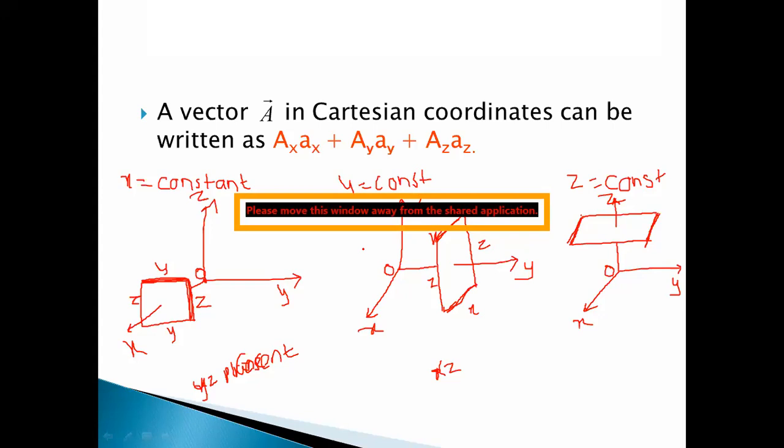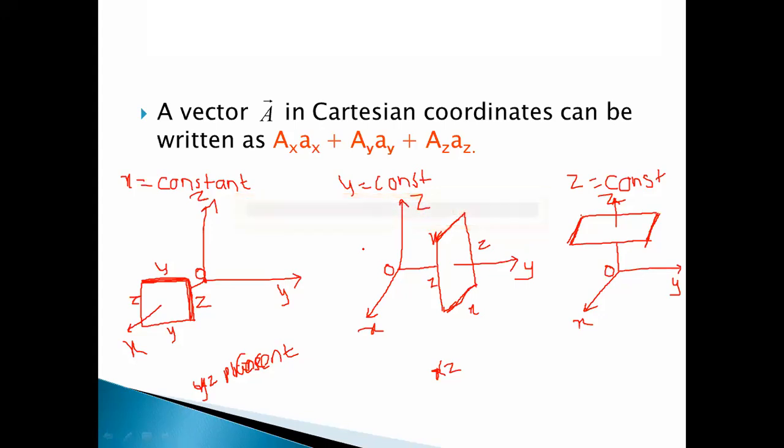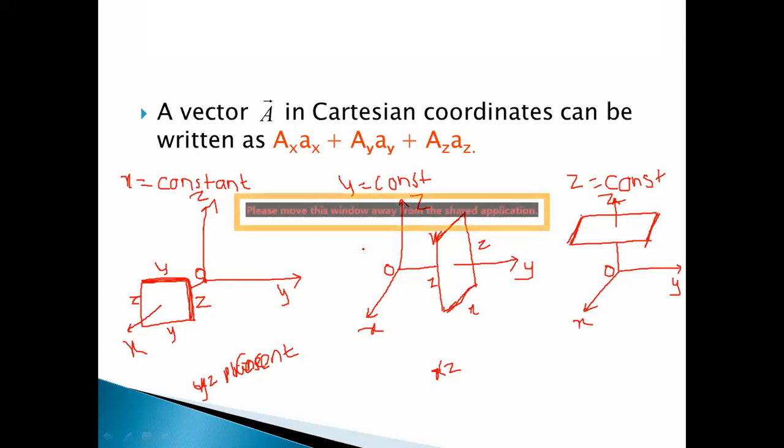It is very necessary to understand these coordinate systems and imagine, because this is imaginary only. This line is in the direction of which axis? X-axis. Correct. Therefore, it is showing the x-axis. This is also x.